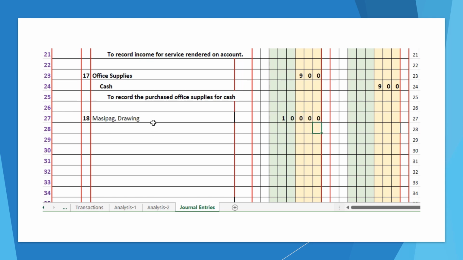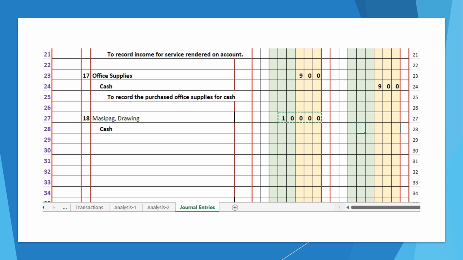Okay, and then we're going to credit cash because cash is paid to the owner. Cash. Okay?